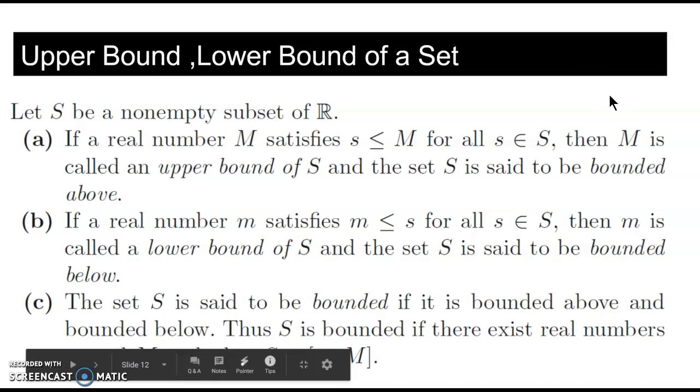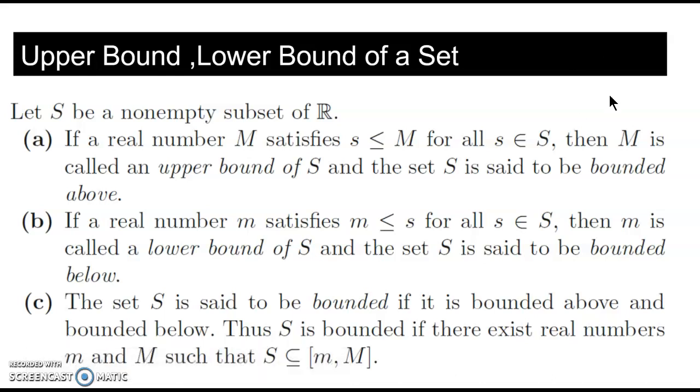Now upper bound and lower bound of a set. Let S be a non-empty subset of R. If a real number M satisfies s is less than or equal to M for all s in S, then M is called an upper bound of S, and the set S is said to be bounded above. So any set having an upper bound is known as bounded above.